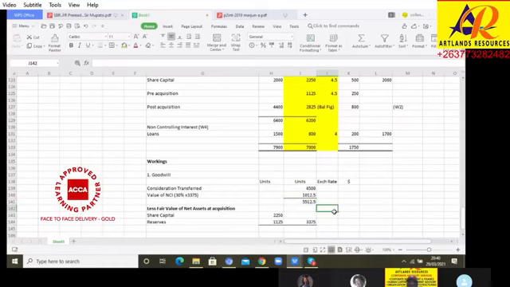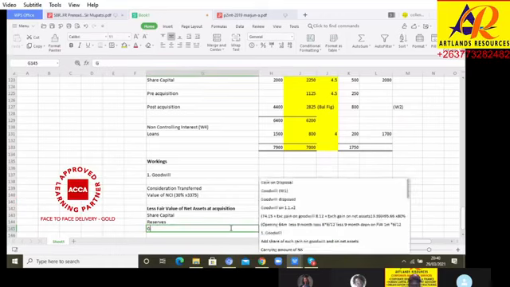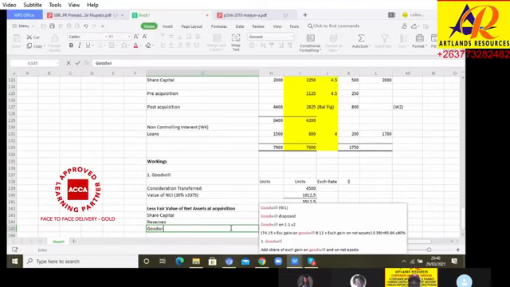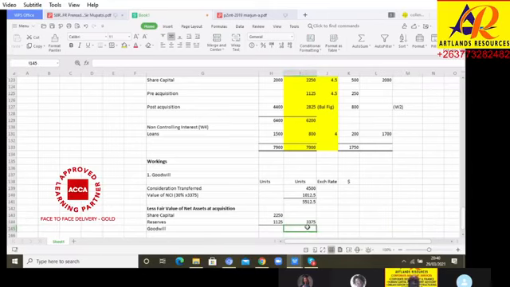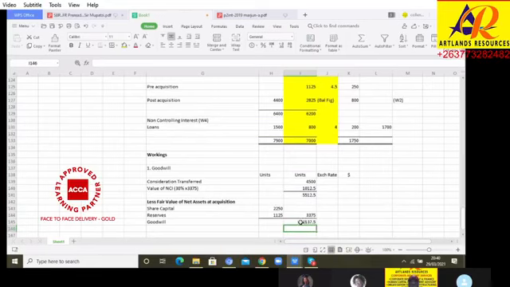So what you then have to do is to calculate goodwill. So we now have goodwill here, which equals this minus this, right? 2,135. This was goodwill at date of acquisition.